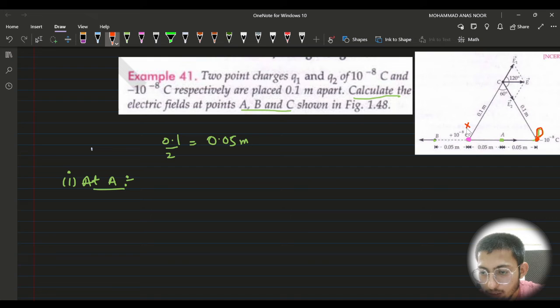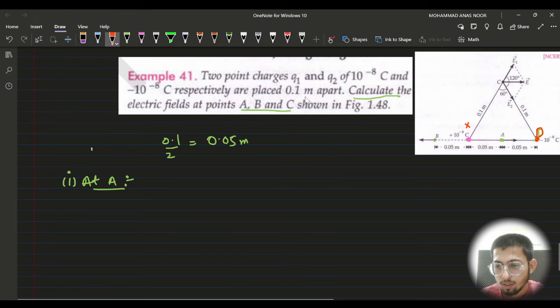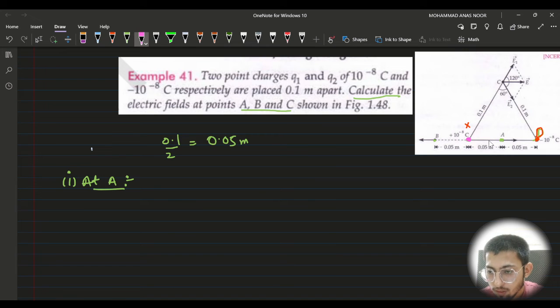Let's say X. It would be in the direction of, this is positive, so it would be in this direction, towards the right. And due to this charge at D, what will be the direction?